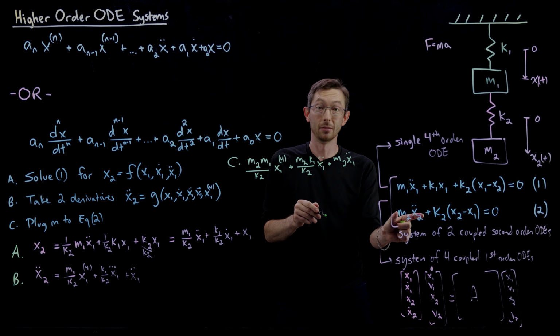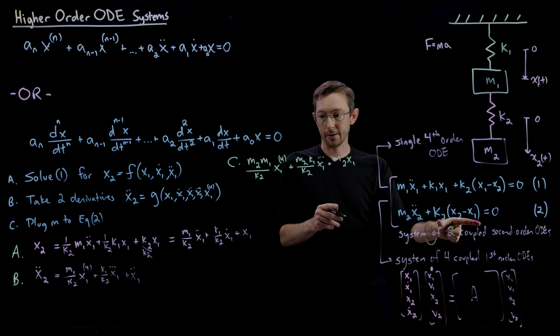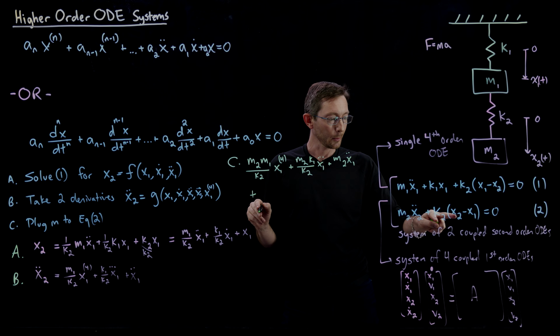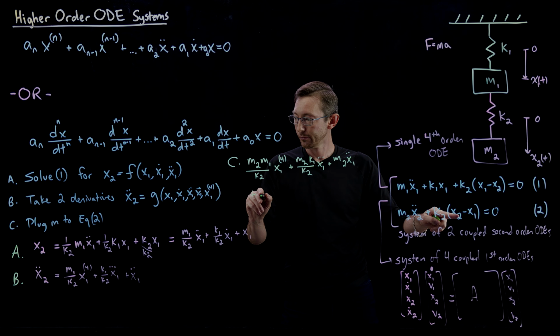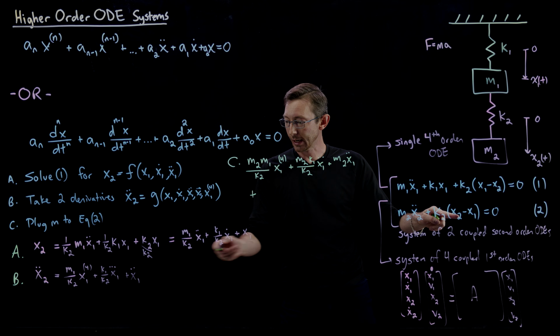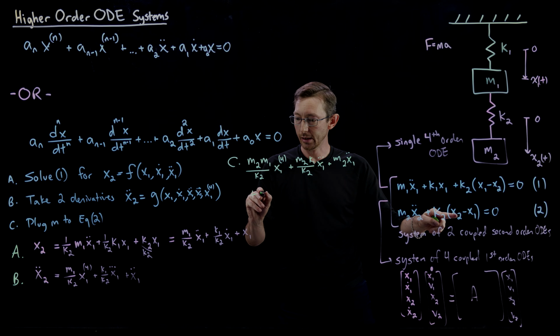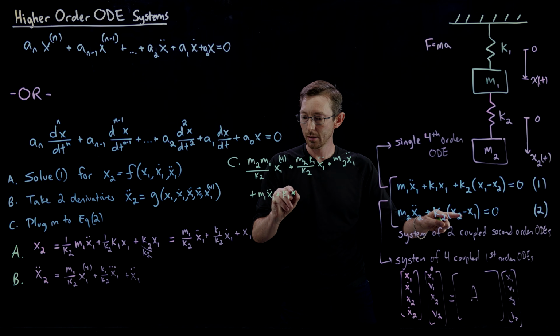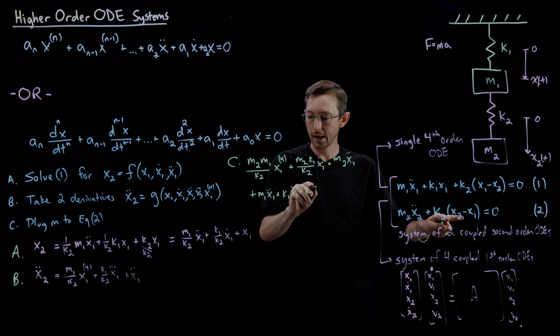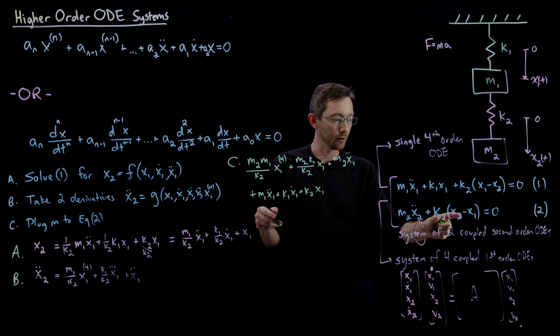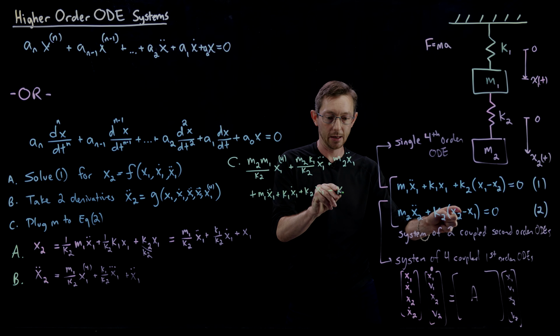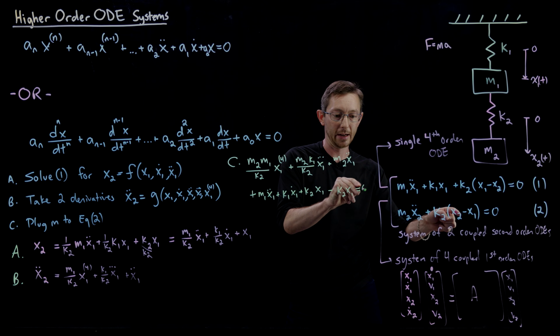That's just this term. Plus this stuff now, plus k2 times x2, which is m1 x1 double dot plus k1 x1 dot plus k2 x1, okay, that's this term, minus k2 x1, all of that equals 0.